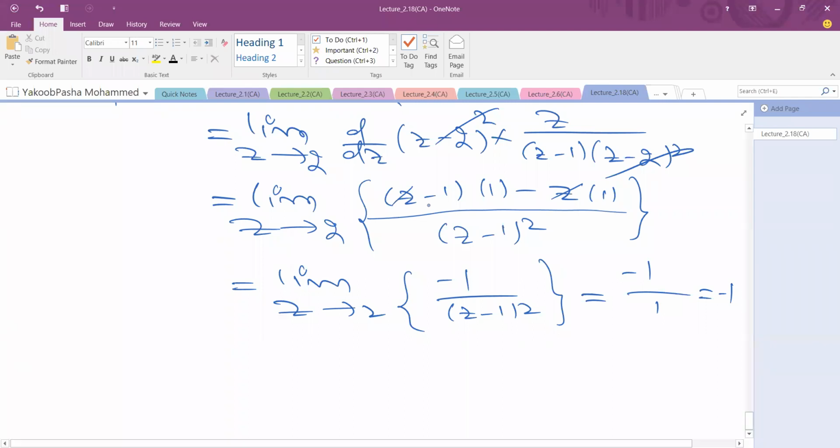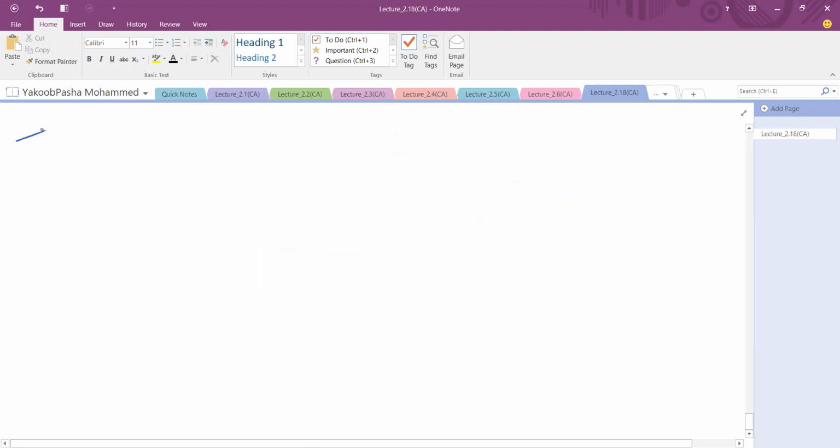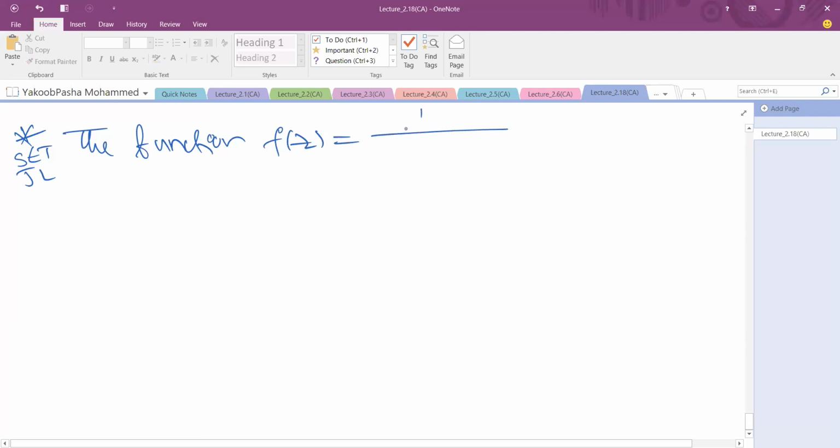It is also from the set problem. The function f of z I'm taking next. It is also set. Of course, it is a GL problem also. The function f of z is equal to numerator z square minus 2z plus 3 divided by z minus 2.